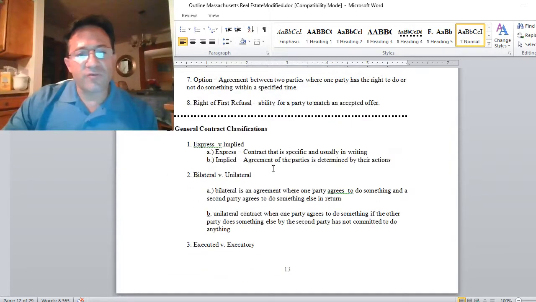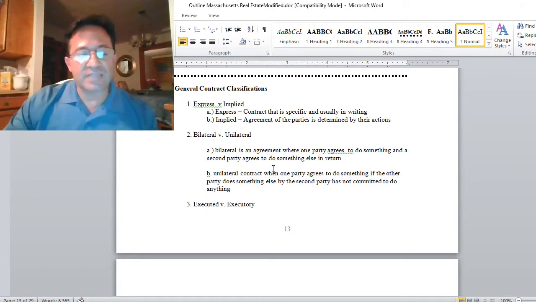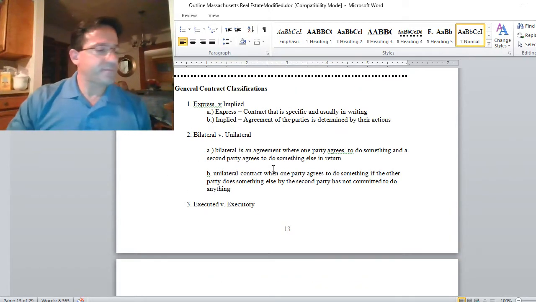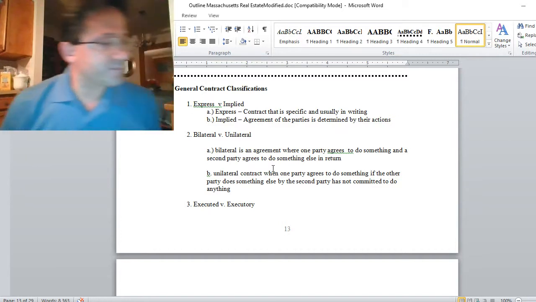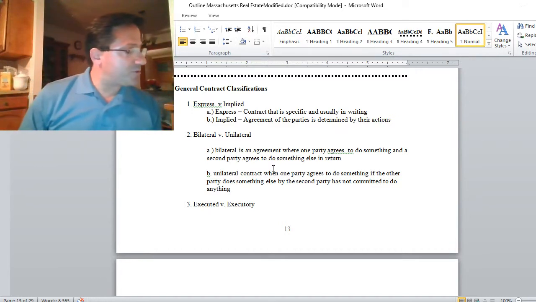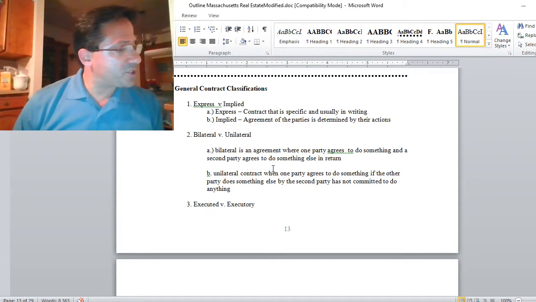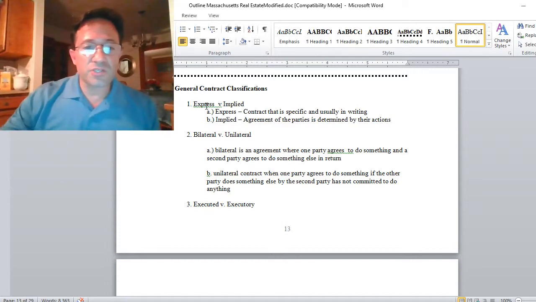And we're going to jump right over to general contract classifications. So in your book, on 5-2, they're going to be general contract classifications. And the first section is going to be talking about expressed or implied contracts.